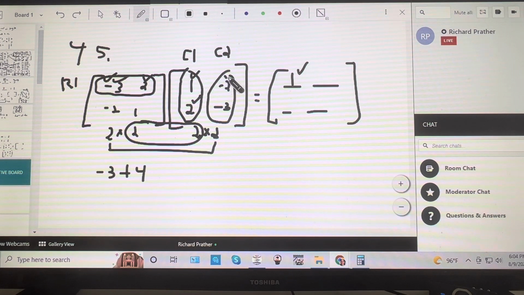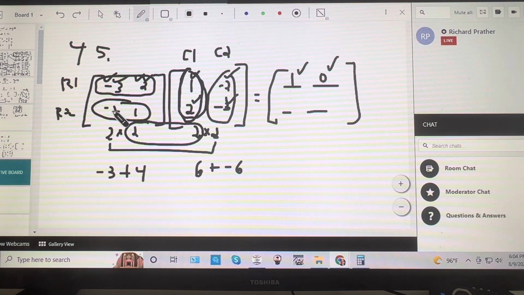Negative 3 times negative 2 is positive 6, plus 2 times negative 3 is negative 6. 6 plus negative 6 is 0, so far so good. Now do row 2 with column 1. Negative 2 times 1 is negative 2, plus 1 times 2, which is 2. Negative 2 plus 2 is 0, that worked.